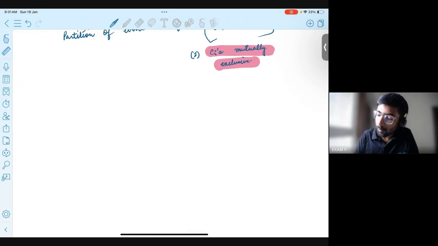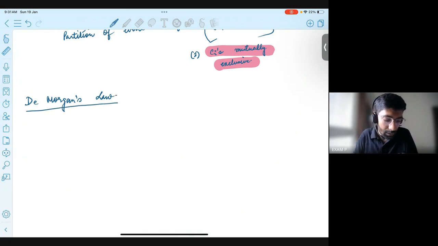Next is an important point. De Morgan's law. What is that? It has 2 parts. One is in the form of union. When you have the complement of A union B, then it can be written as A complement intersection B complement.